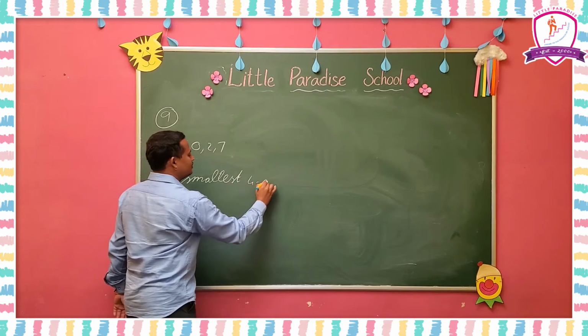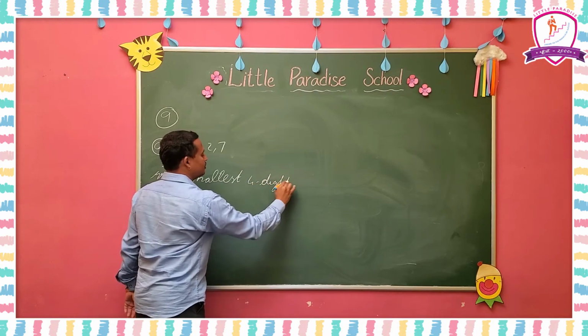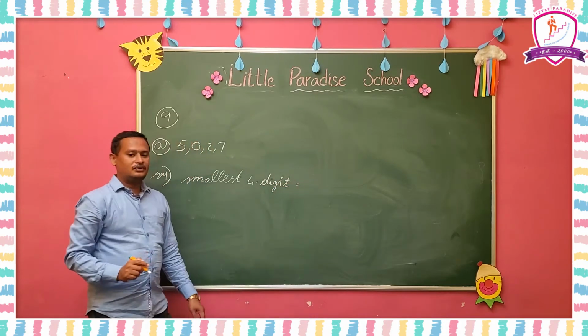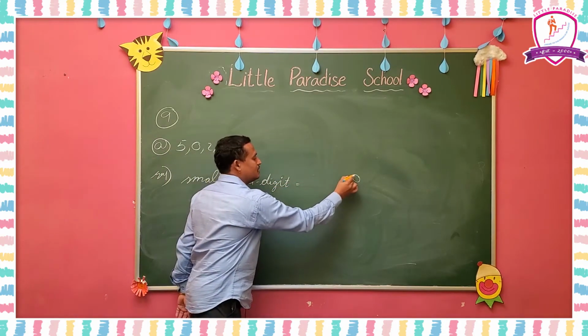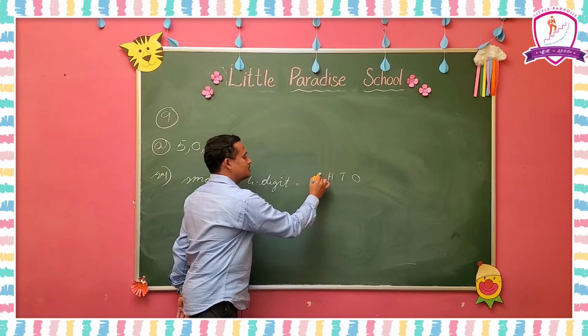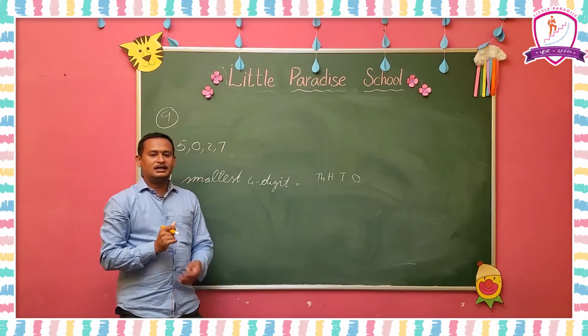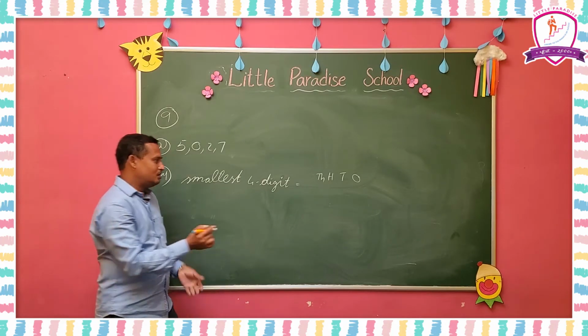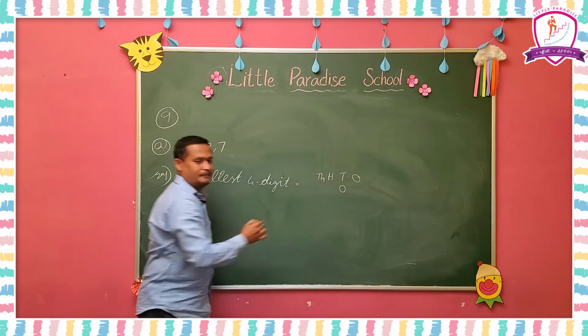Smallest 4-digit number. First we have to write the places: ones, tens, hundreds, thousands. Here, what is the condition? 0 is always in tens place. So you must put 0 first in tens place.